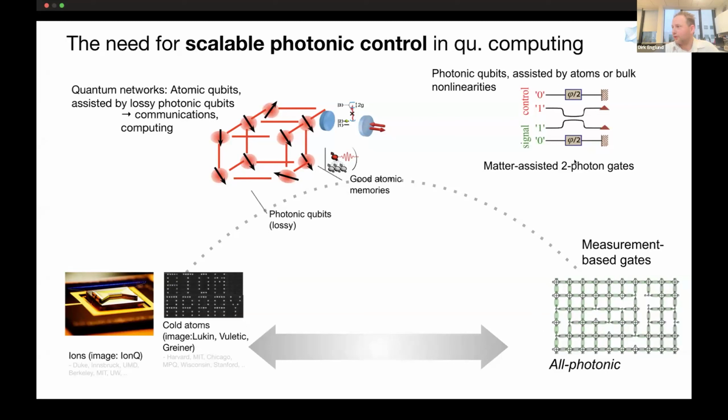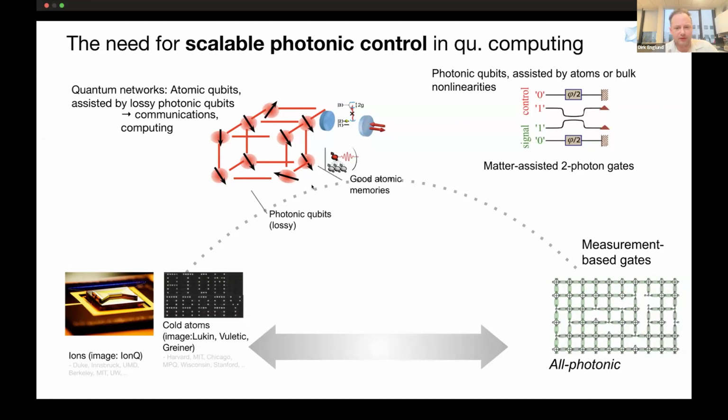Here is a technology pursued by other efforts, probably more in the superconducting space. Xanadu is another example of a company that's sort of in between here. But we're going to focus on quantum networks in this regime here.